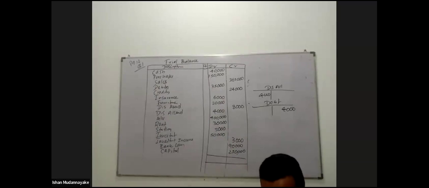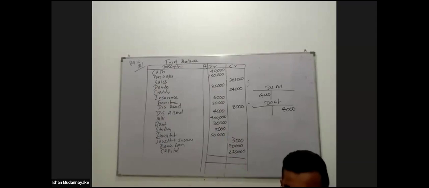For this transaction they have passed double entries already. These are the balances available in the ledger accounts, so no need to balance the ledger accounts or pass double entries again. Clear.